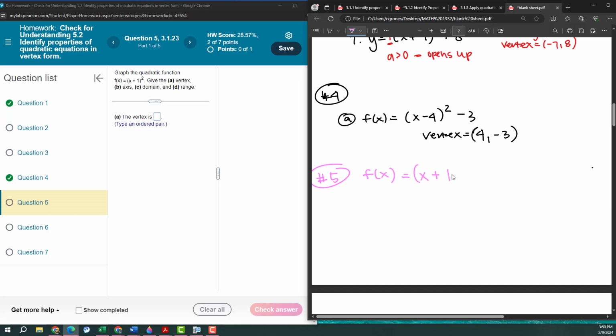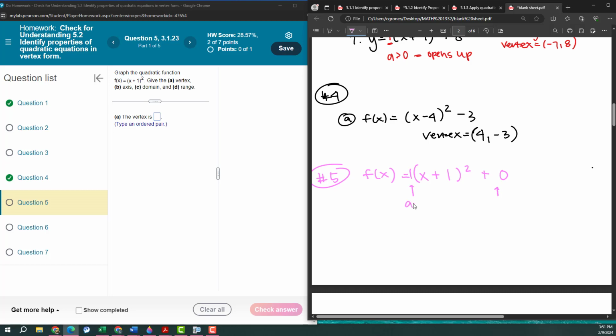So x plus 1 squared. All right, so in this case, we don't have a k. So this would actually be +0 because there's nothing there. And we don't have an A, which would just be a +1.